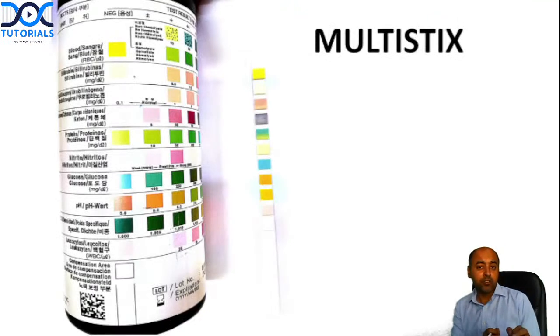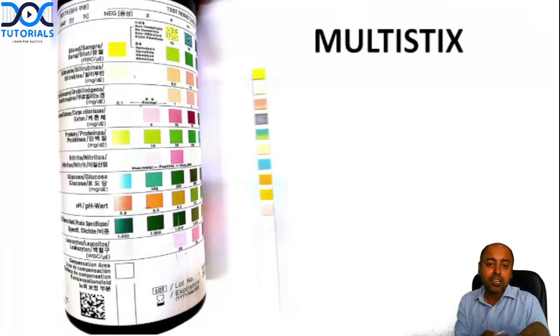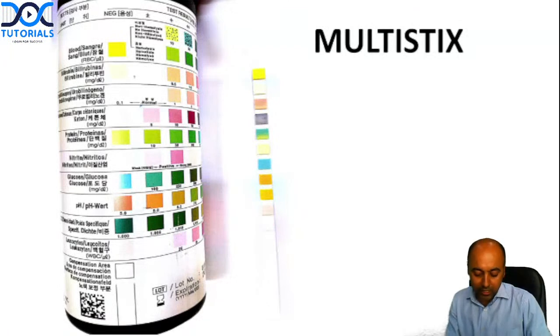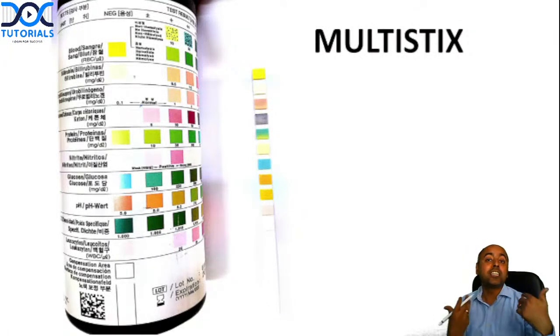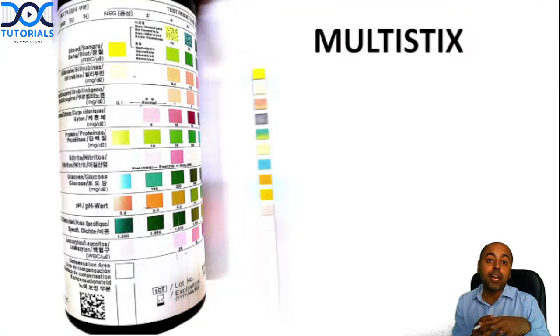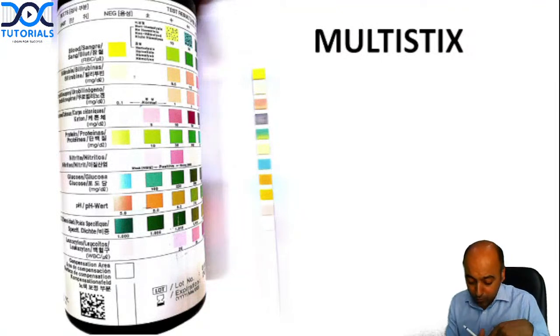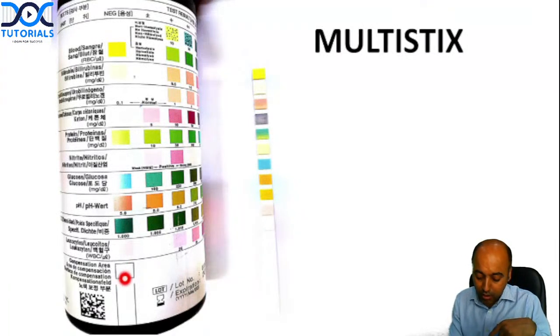Nowadays we don't do the individual test. We have the kit like this, which we call the multi-stick. As you can see on this multi-stick, multiple slots are available, 1 2 3 4 5 6 7 8 9 10, like that. You can see multiple slots, even 11 slots are available, so you can test for 11 abnormal analytes. All right, and along with that we also have the control area.